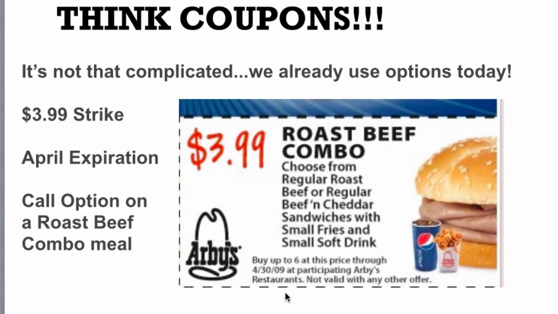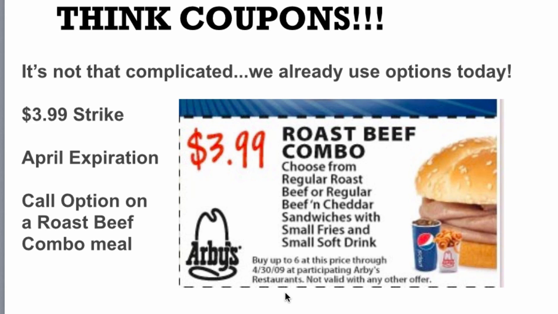So if the roast beef combo on the day that I go in there, before April, is actually $5 on the real live quote unquote trading screen of Arby's, right up there on the menus, $5, then I can actually give them this coupon and buy it at $3.99. And in that case, I'd be exercising my option to buy it at $3.99.